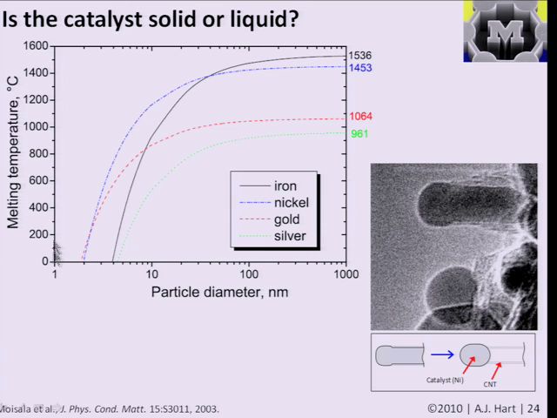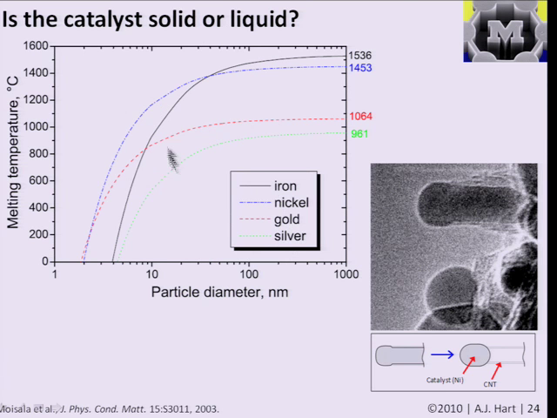And so this is just a plot from a paper that is talking about catalysts for growing nanotubes and nanowires. And here we're going up in diameter, and so it says that, for example, for these metals, iron, nickel, gold, and silver, beneath a size of, say, tens of nanometers, we start seeing a significant suppression in the melting point due to size.